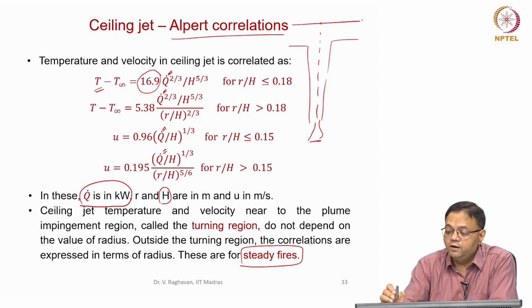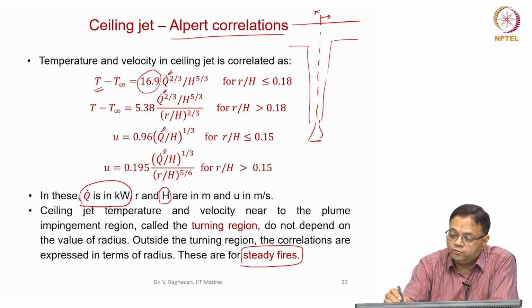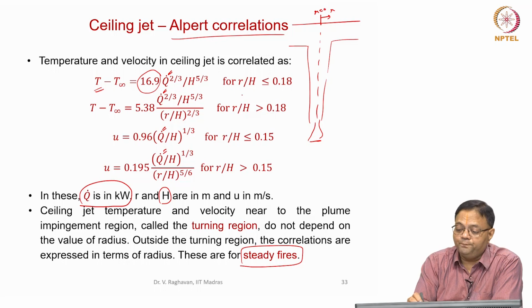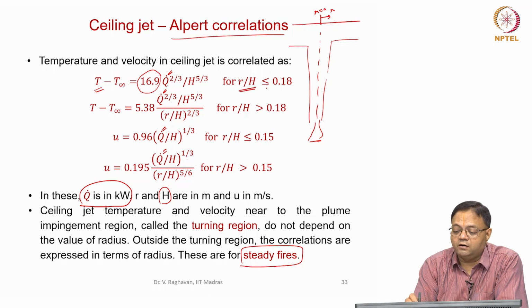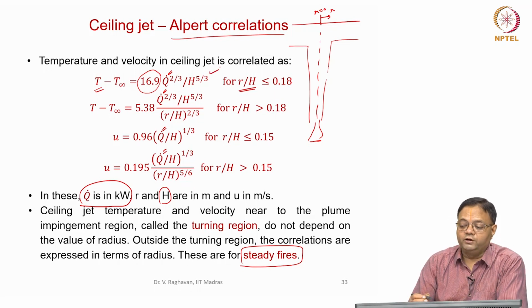This is the ceiling, so this is r equal to 0, and the r direction is this. Based upon the radius, whether r by H, or the radius, is less than or equal to 0.18 H, I use this correlation.